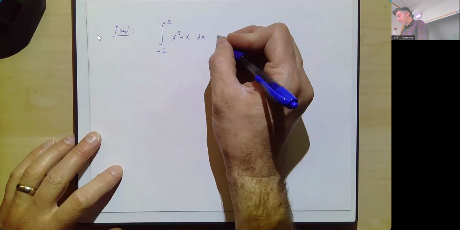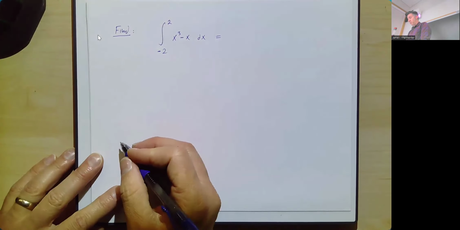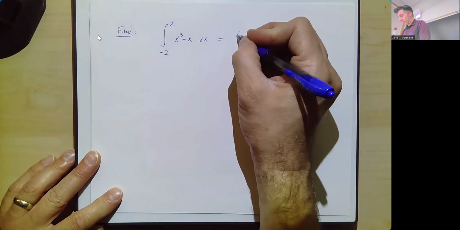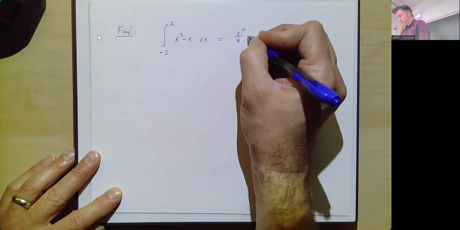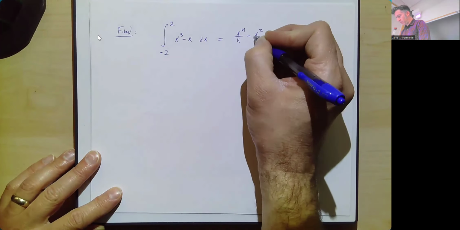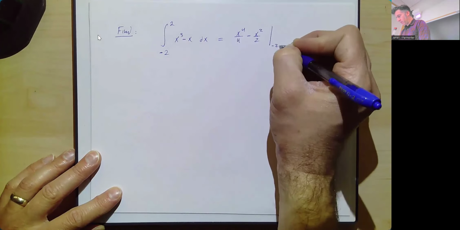So let's actually just do it. Anti-differentiating, we're going to get x to the 4th over 4 minus x squared over 2 from -2 to 2.